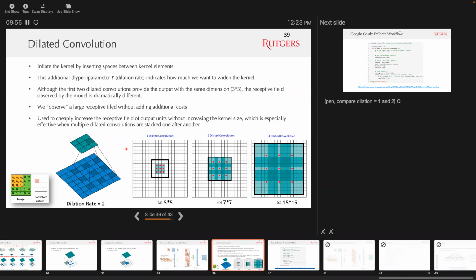This is the input, and this is the output. If you're computing 1 pixel in the output, for example here, then you would need to compute the weighted sum of these 9 pixels in the input. You can see that it's different from the traditional convolutional layer, because the kernel is dilated by a ratio of 2.